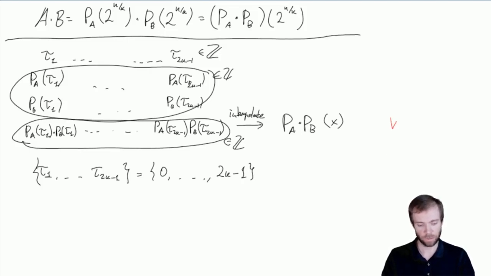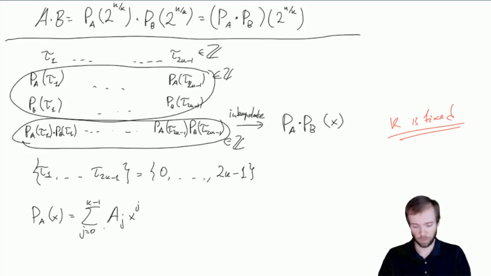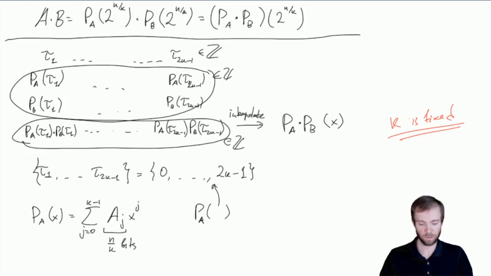So recall that k is fixed, and recall that our polynomials like pa of x are polynomials of degree k minus 1, where the coefficients of these polynomials have n over k bits. Now if we compute pa for a value of x which belongs to this set, the number of bits in x is constant, and all these numbers can be actually pre-computed, so these are just constants for us.